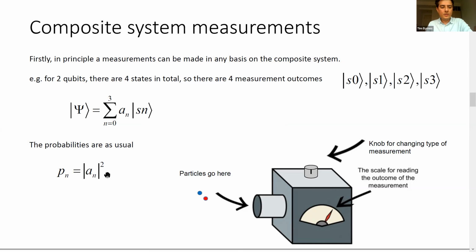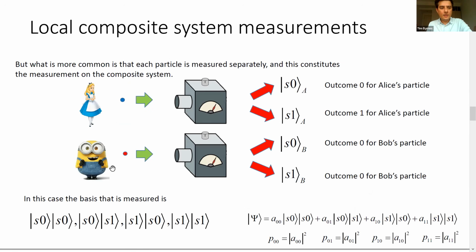The probabilities are the usual modulus squared. But the more common situation that we might have is that each of these particles is measured individually. Say Alice measures her qubit and then Bob measures his qubit. Then there'll be two outcomes on each of their measurement machines.